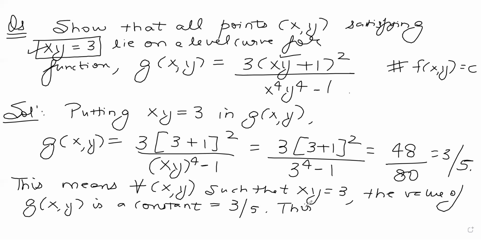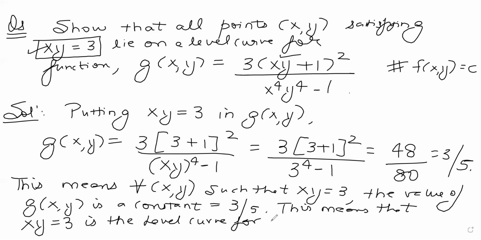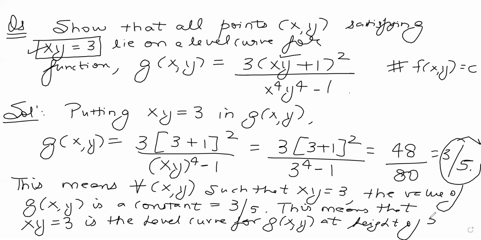I can say this means that x into y equal to 3 is the level curve for the function g of x, y at the height of how much? 3 by 5. This simply means that xy equal to 3 is the level curve for the function g of x, y at a height of 3 by 5. So this is another way in which a question can be asked regarding the level curve.